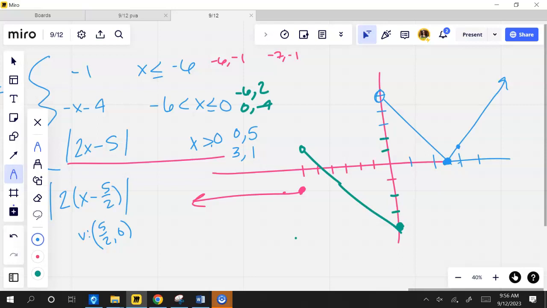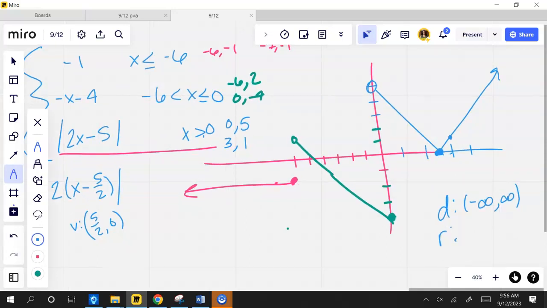How about domain here? Range is a little funky. So it goes down forever. It's got a low point, right? What's the lowest the graph ever goes? -4. Bracket or parenthesis. And then I go up.